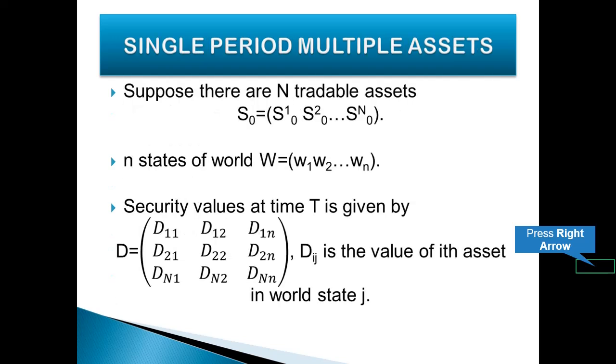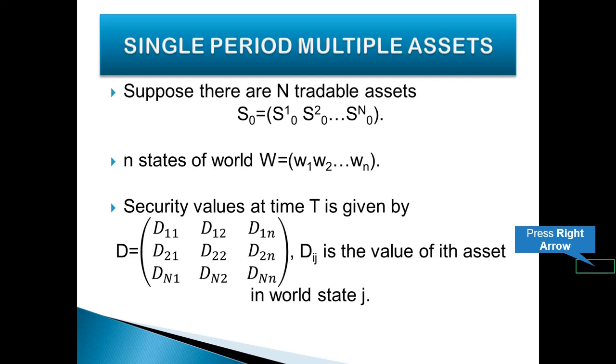So this one is single period, multiple assets. Suppose like last time we have only S0. In FFM, when we discussed the discrete binomial model, we have a share whose price is S0. Then the next step it's either S1H or S1T and so on.